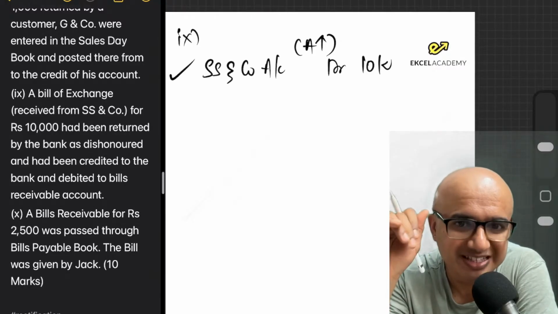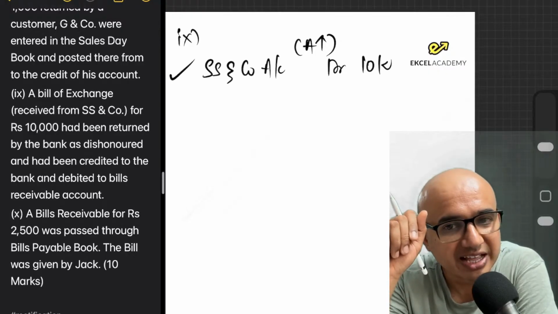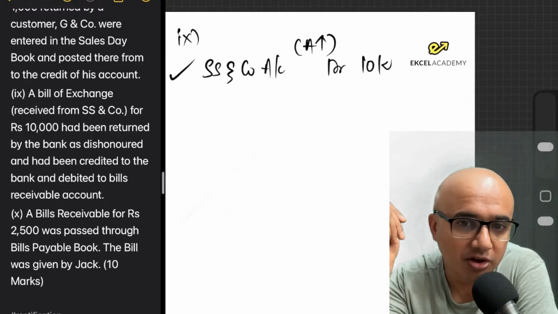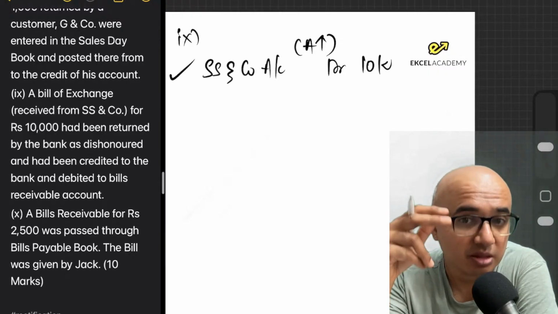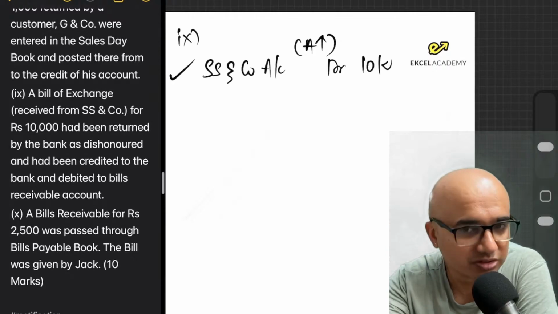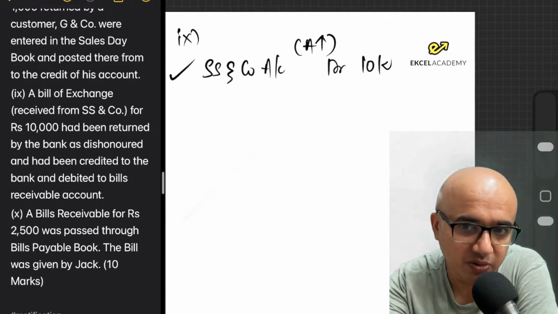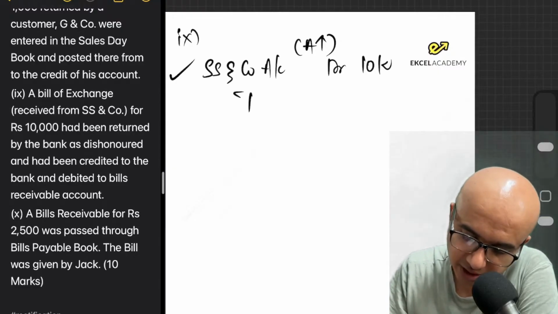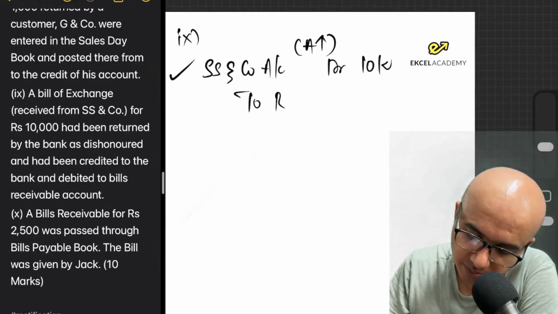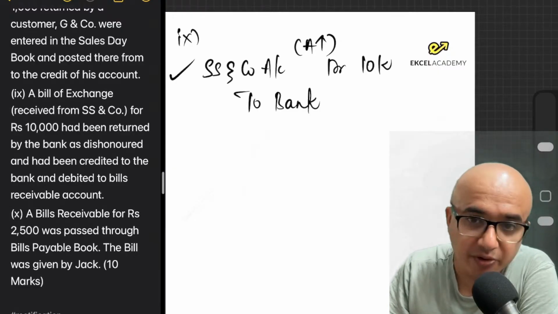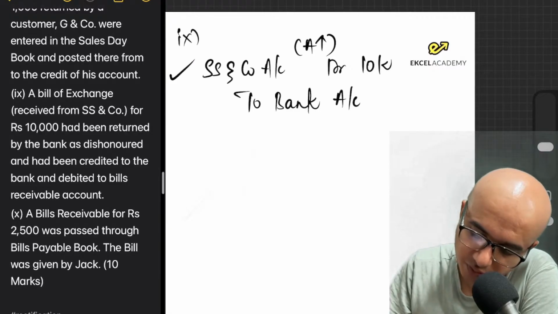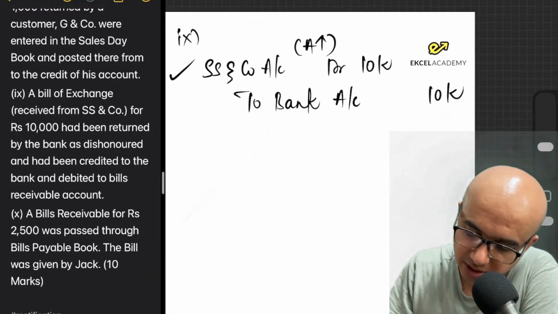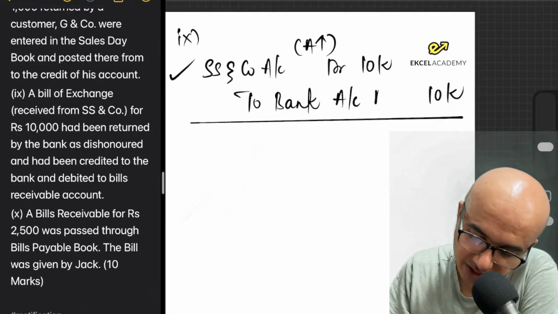But now we realize that asset is not getting honored by the bank at all. That means the bank should have cleared that value, but for some reason the bank didn't clear that value. So therefore SS and Co will again become an asset, to bank account, because we would have debited bank earlier. So now we are reversing that account.